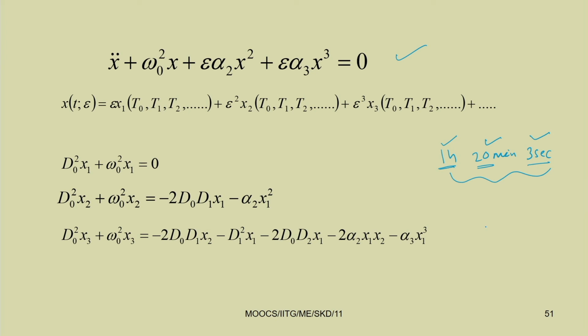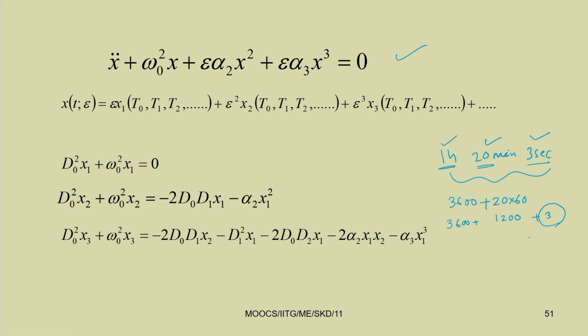For example, 1 hour equals 60 into 60, that is 3600 seconds, plus 20 minutes is 20 into 60, which becomes 1200 seconds, plus 3 seconds. So when you are comparing, there is always a tendency to neglect this 3 second term.